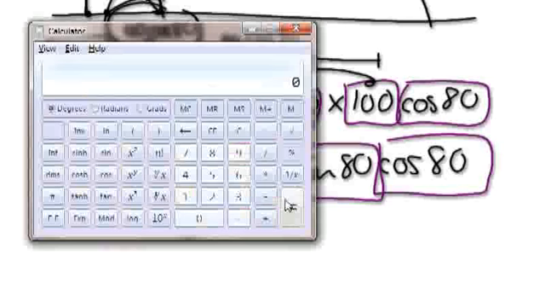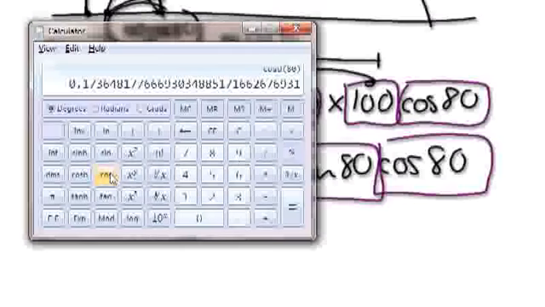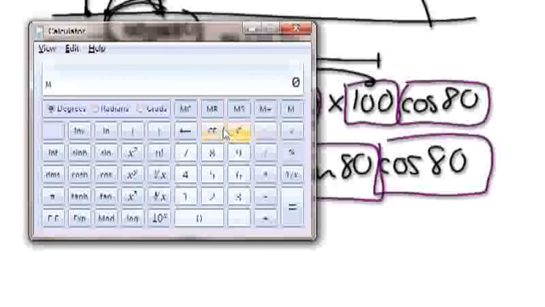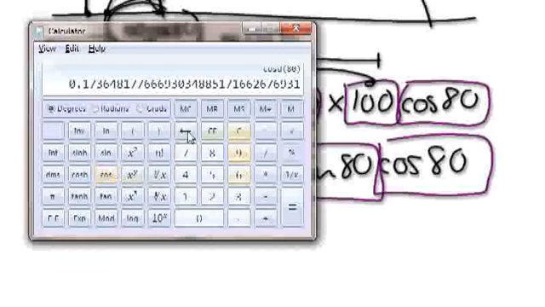It's just getting those three numbers and multiplying them together. So cos 80 is this.